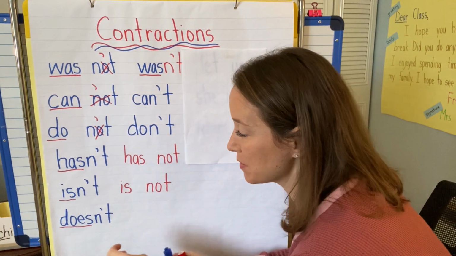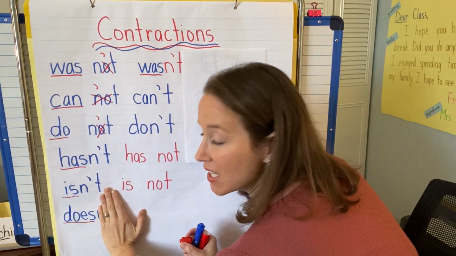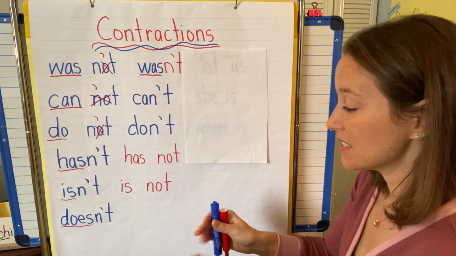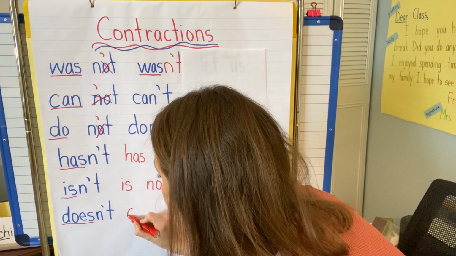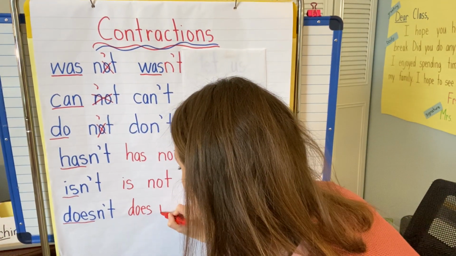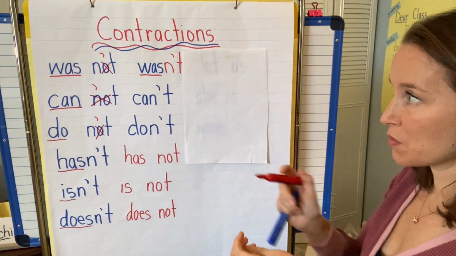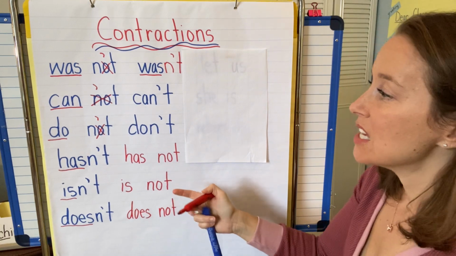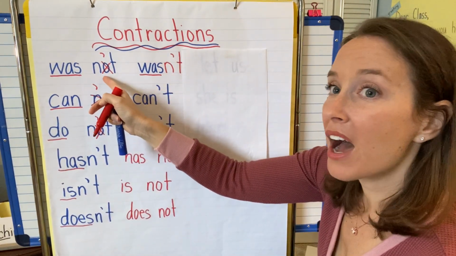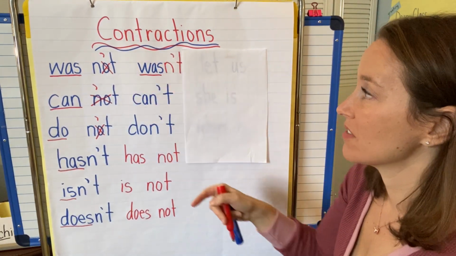Because once we see the N apostrophe T, we know that's not. So I can even cover that up. Does not. Doesn't means does not. Okay, so my first graders, what I hope you got from this is when we have a contraction for the word not, we get rid of the O and put that apostrophe in.